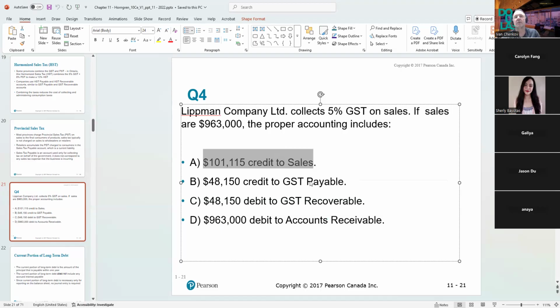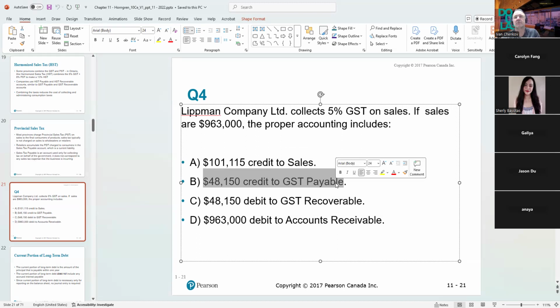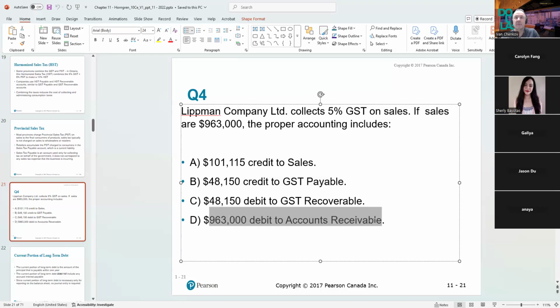Do you have to calculate the GST in this case? Do I even have to use the calculator in order to answer this question? Are you using the calculator? Again, is it possible for this to be my answer? Is it possible this amount to be my accounts receivable?